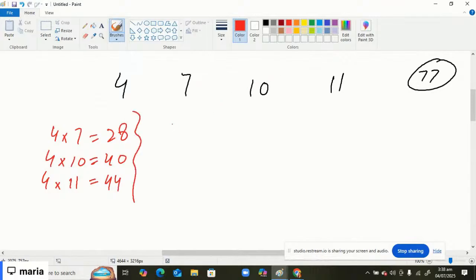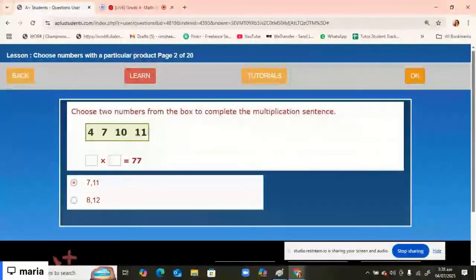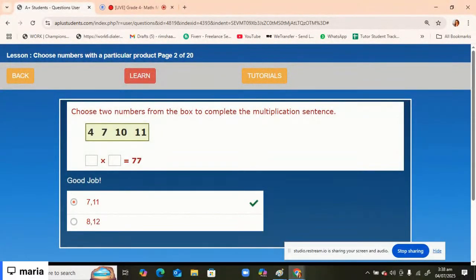Okay, now multiply 7 with the last two digits. 7 times 10 is 70, and 7 times 11 is 77. And this is our answer, which is 7 times 11. 7 and 11, these two numbers should multiply, and then you get the answer 77. And this is also the right answer.